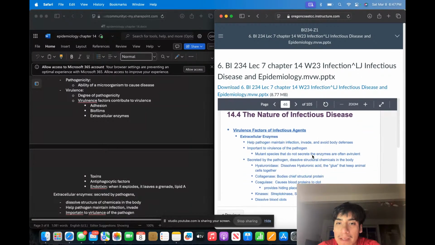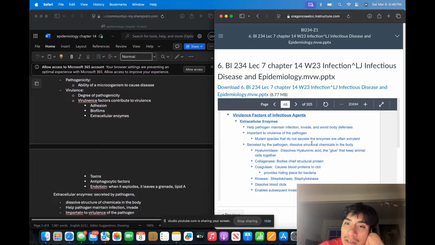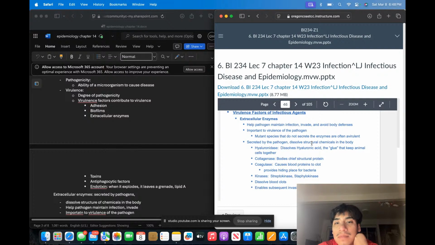All right. So virulence factors of infectious agents. Extracellular enzymes help the pathogen maintain infection and evade and avoid body defenses. Important to virulence.